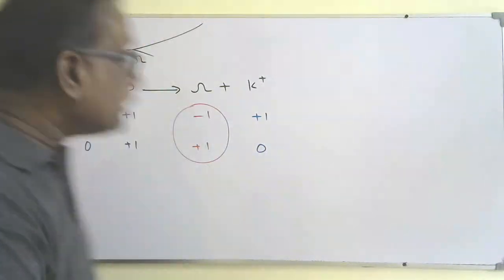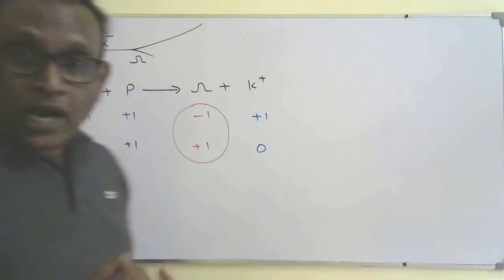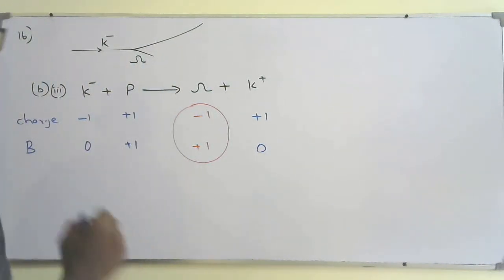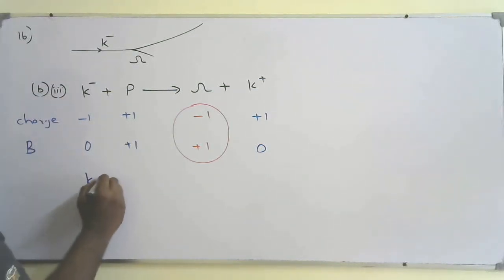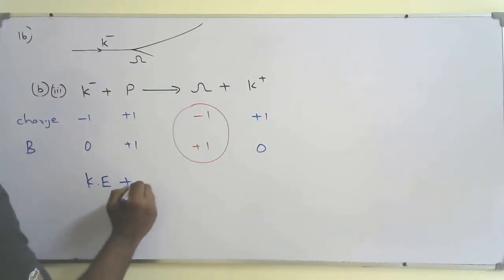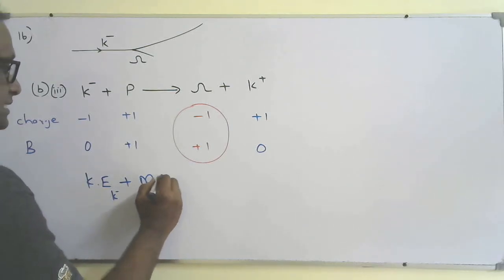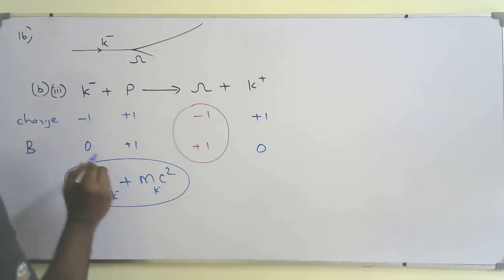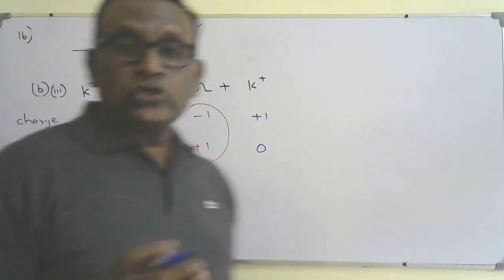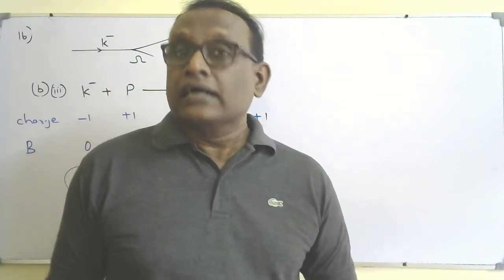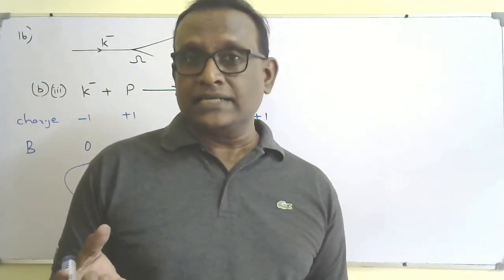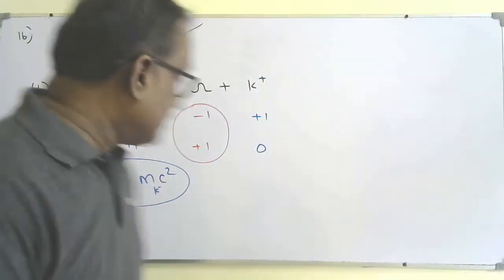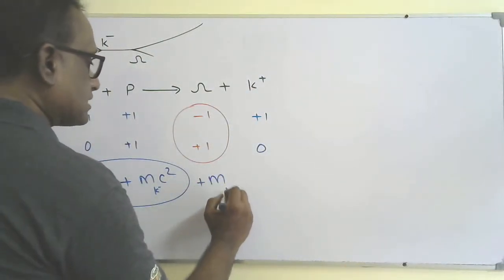So the initial total mass energy of K minus is the kinetic energy of K minus plus the mass of K minus times c squared. Proton is at rest, so it has no kinetic energy, but it has mass. So we need to find its equivalent energy, that is mass of proton times c squared.